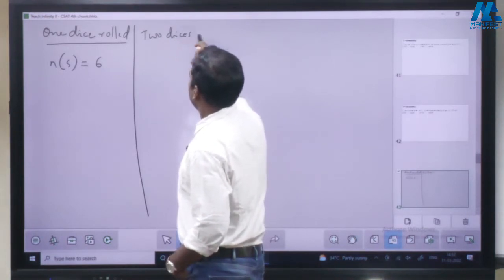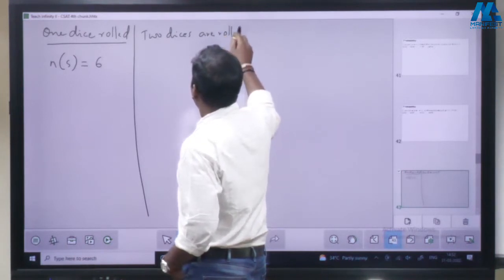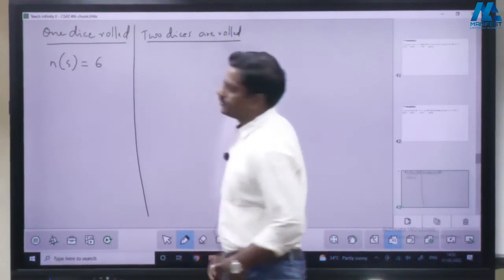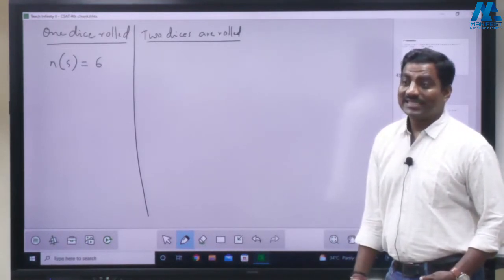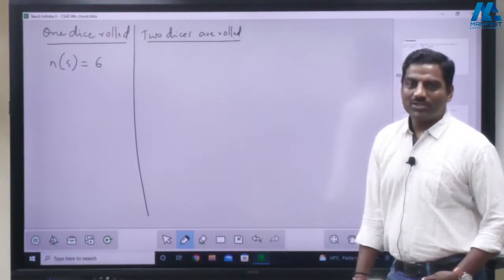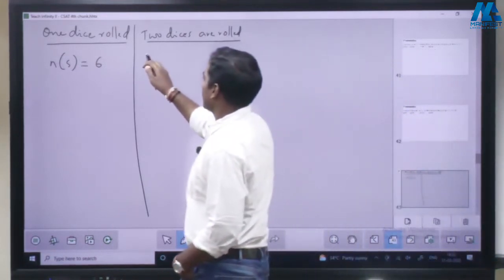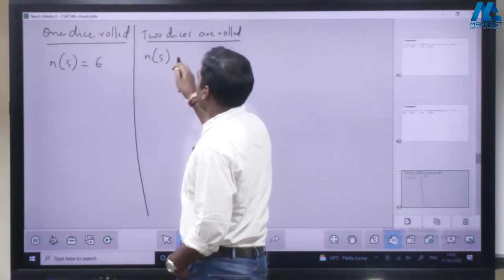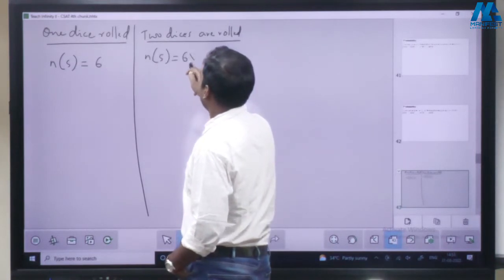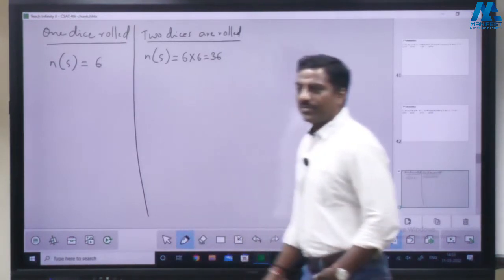When 2 dices are rolled, sample size: 6 for first dice and 6 for other dice. Correct?